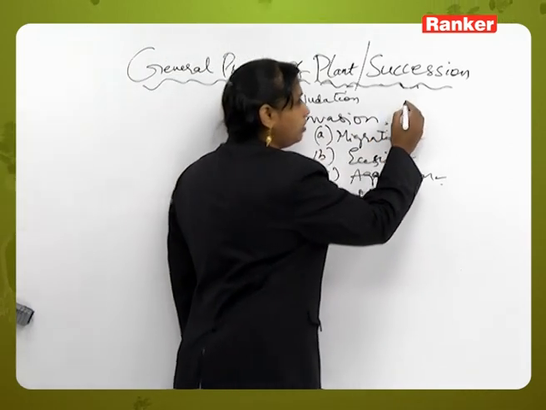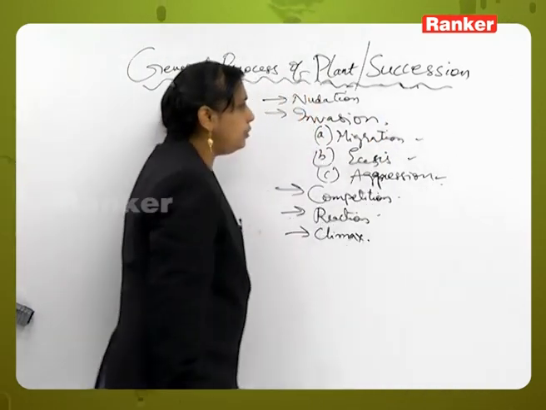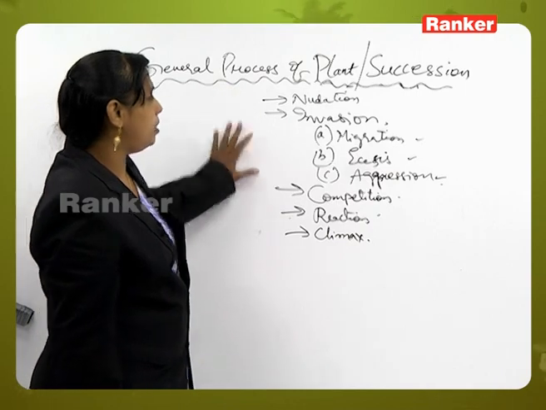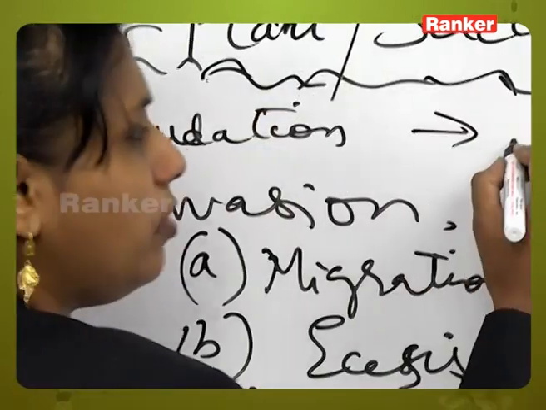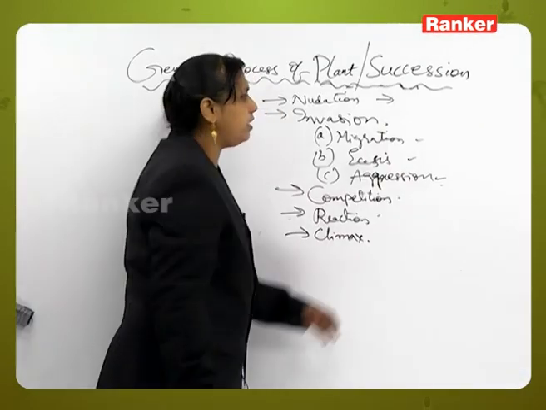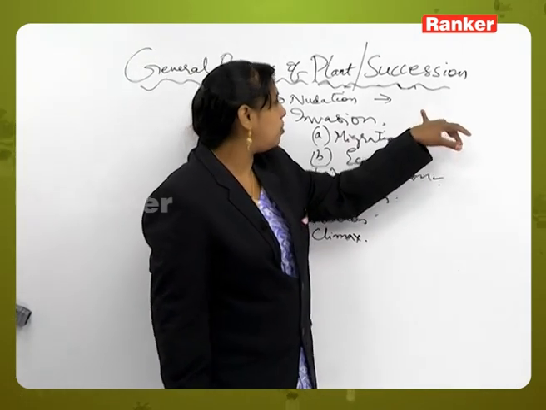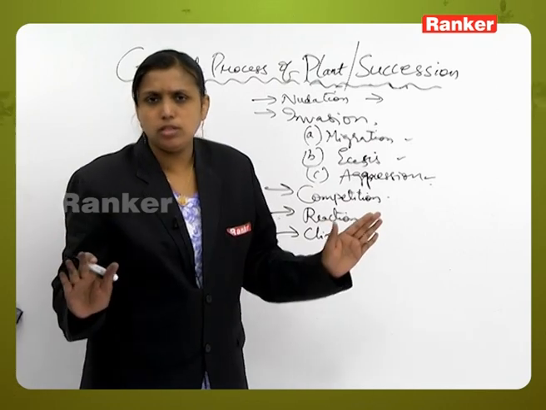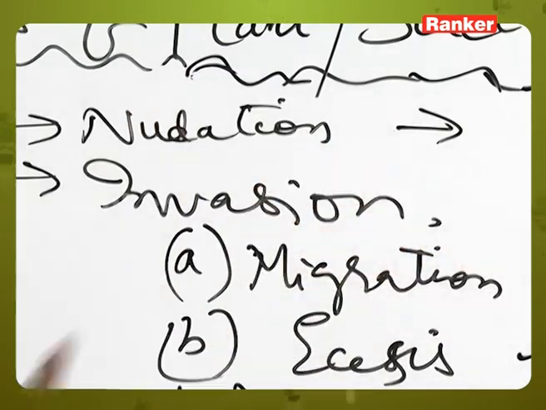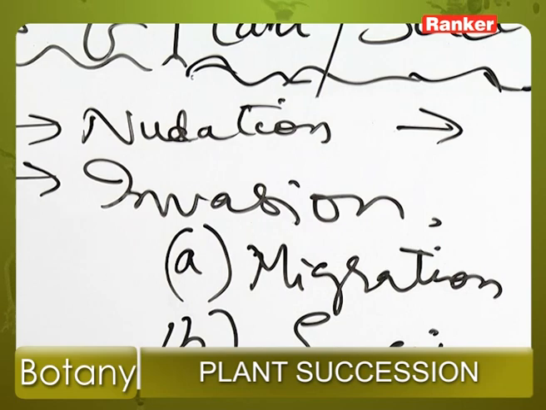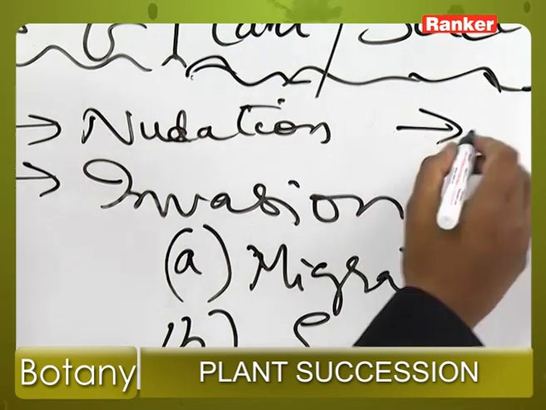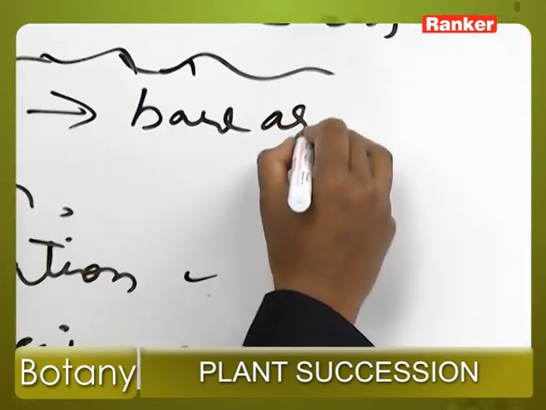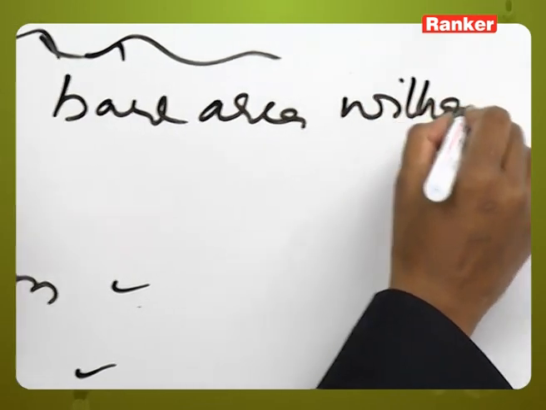So what is nudation? Nudation is the development of a bare area without any form of life, meaning a plain area where there is no life existing.